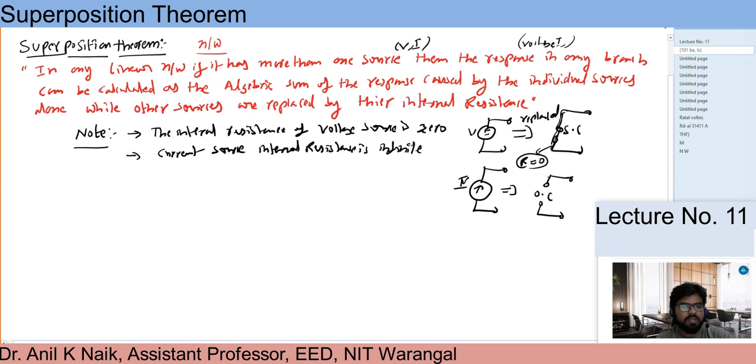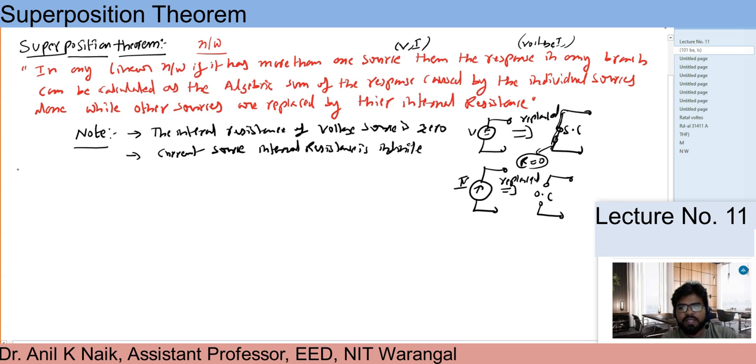There is no current flow through it, it is simply an open circuit. So these are the two points we need to understand before starting our theorem. The internal resistance of the current source is infinite, so it can be open circuited, and the internal resistance of the voltage source is 0, so the equivalent circuit for the voltage source is the shorted line. It is shown like this.